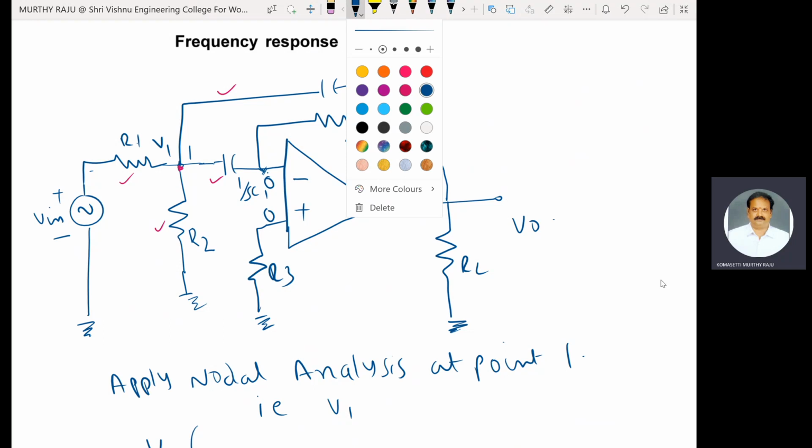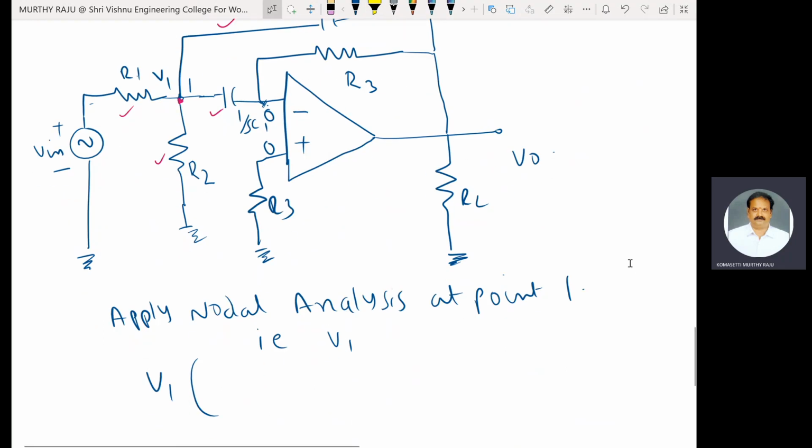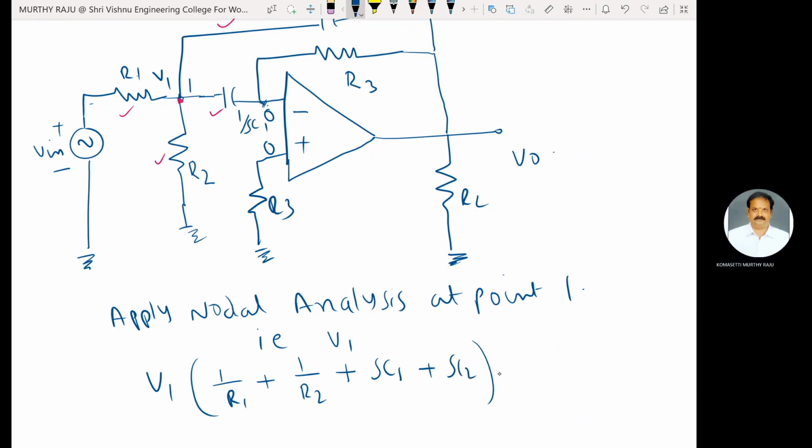Therefore, V1 into the admittances of those branches: 1 by R1 plus 1 by R2 plus SC1 plus SC2, minus the adjacent node voltages.